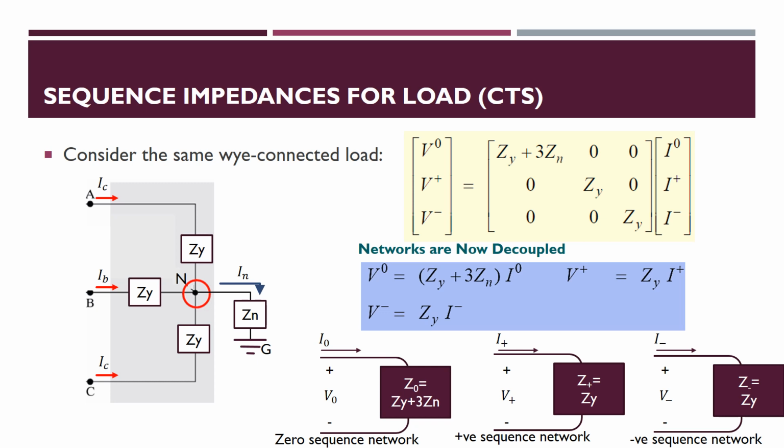If you decouple this matrix into different equations, you will end up with the zero sequence equation, the positive sequence equation, and the negative sequence equation. Using those equations, you can construct different circuits for that load. These are the zero sequence network, the positive sequence network, and the negative sequence network of that load, as in the purple colored diagram over there, right?